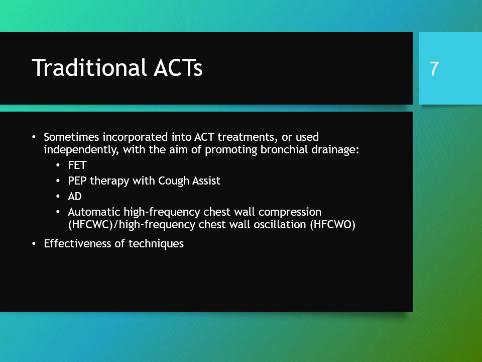Autogenic drainage is very simple, and it can be a good self-treatment for patients with CF. Most of my CF patients that I saw were beyond autogenic drainage, but for a normal CF patient, it can be helpful.